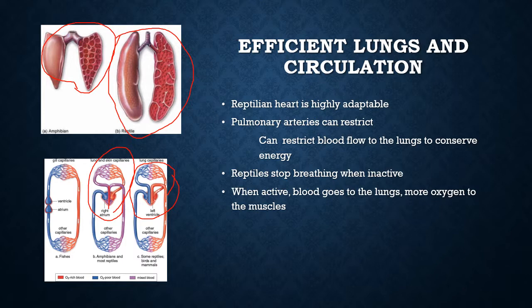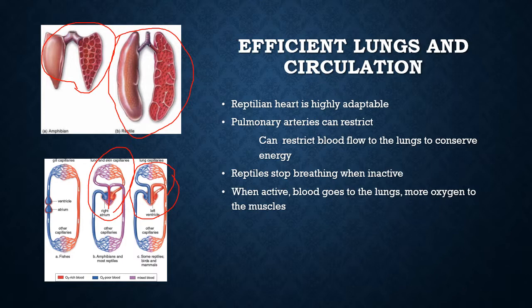But what's really cool is that the pulmonary arteries that go from the heart to the lungs can be restricted, and during times of inactivity, reptiles can stop breathing, stop sending so much blood to the lungs, and conserve energy.